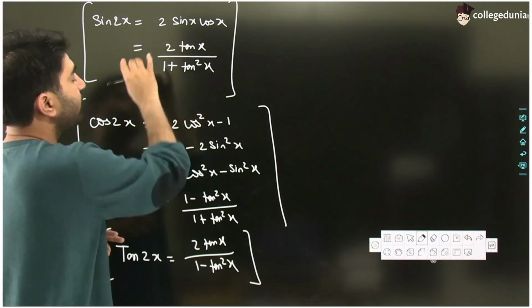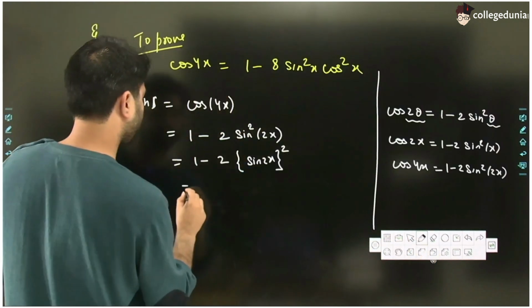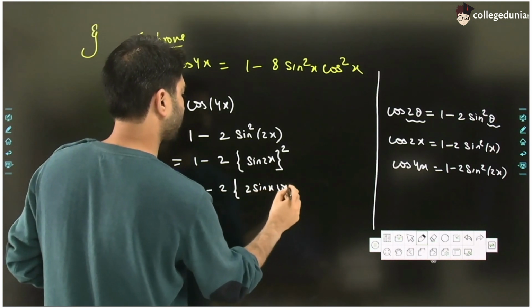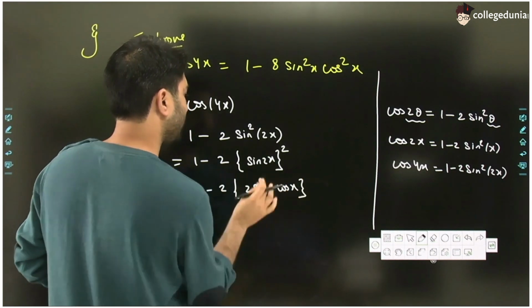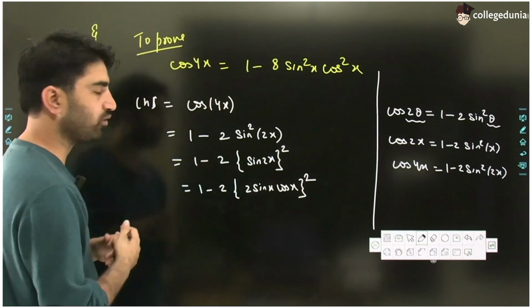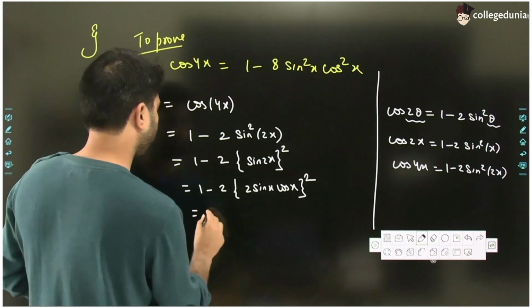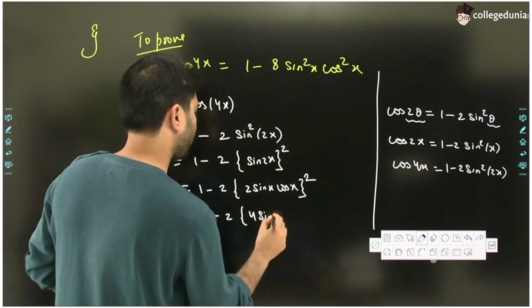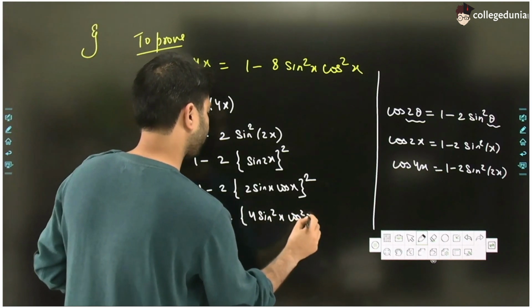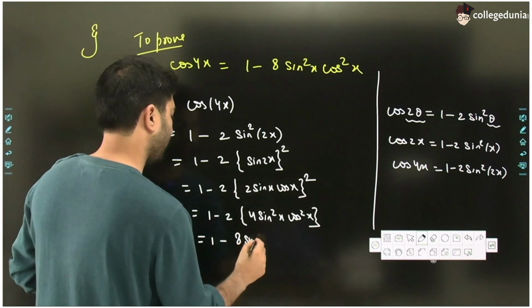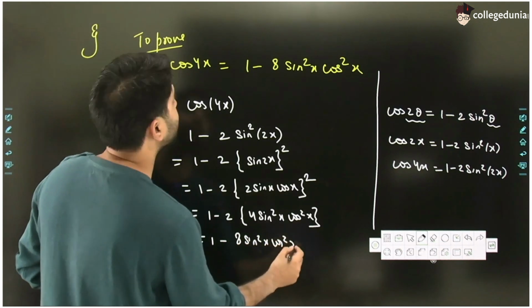We will be using 2 sin x cos x in the place of sine 2x, then the whole square of 2 sine cos. So it will become 2 to the power 2, 4 sine square x into cos square x, and 1 minus 4 into 2, it will become 1 minus 8 sine square x cos square x, and I think we have got the right hand side.